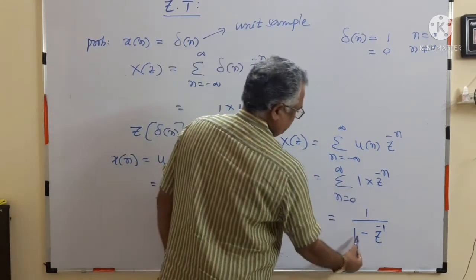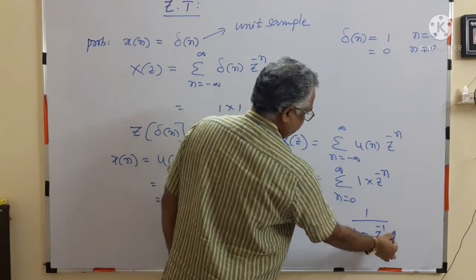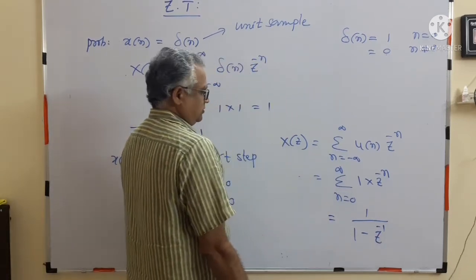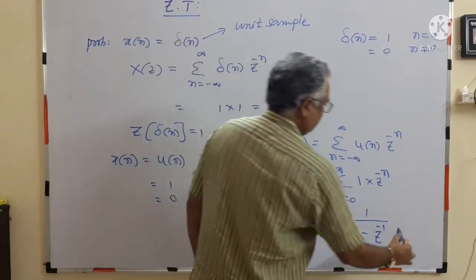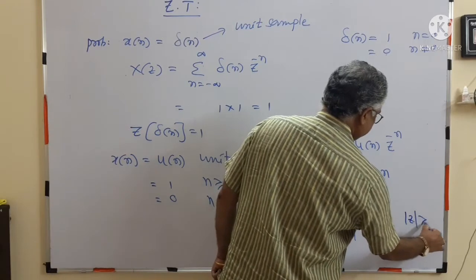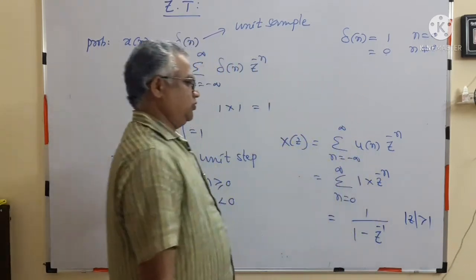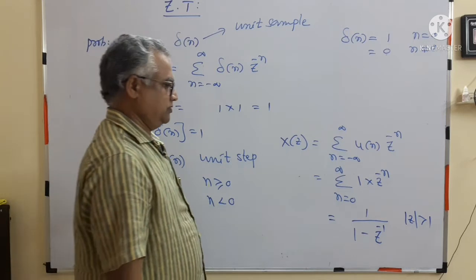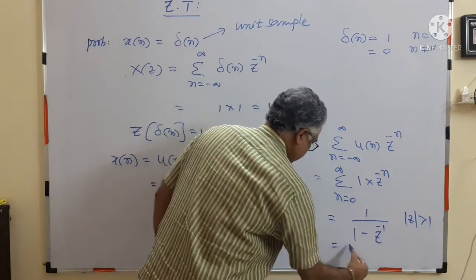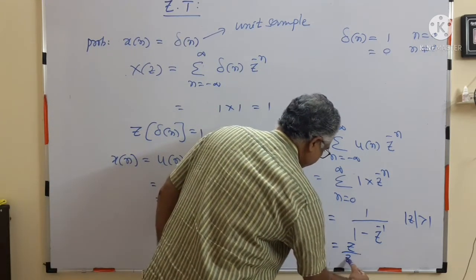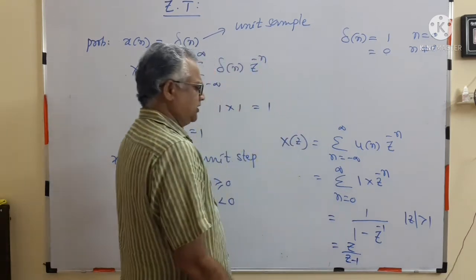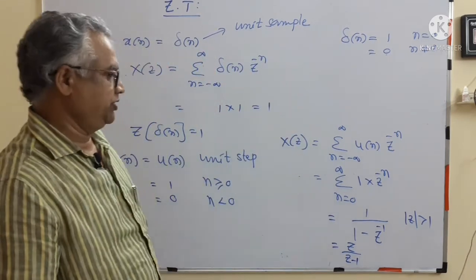Here this value is 1, so 1 minus 1 z inverse, and ROC mod z greater than 1. This is nothing but z by z minus 1. Any one of the formats you can show.